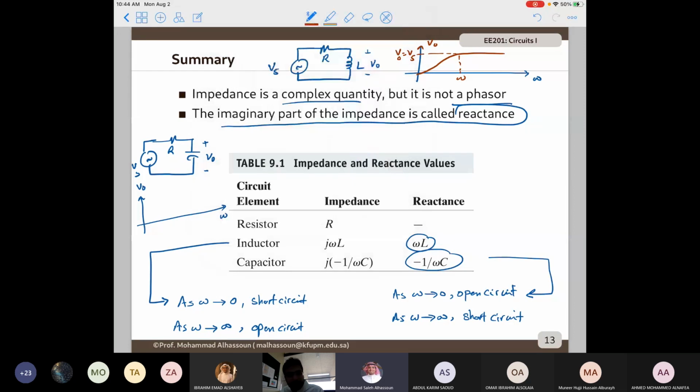If I plot this with respect to frequency, at very low frequency, the capacitor will behave like an open circuit, so the voltage across the capacitor will be the same as the voltage source.